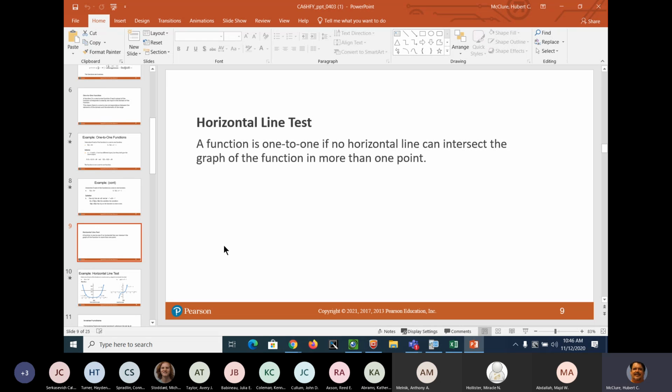A function is 1-to-1 if no horizontal line can intersect the graph more than 1 point. And I'm going to give you an example on the next slide.